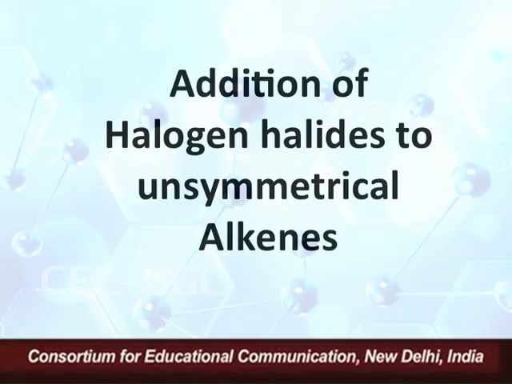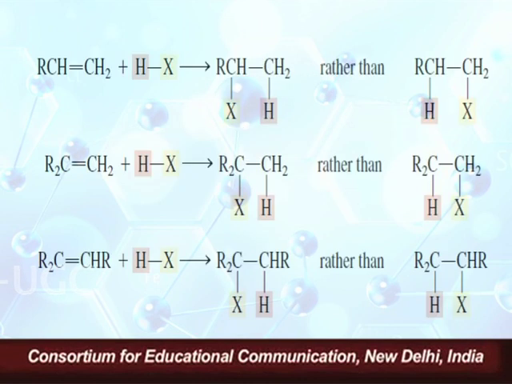Now, if we talk of addition of HBr to unsymmetrical alkenes, then the reaction is a little different. What is an unsymmetrical alkene? An unsymmetrical alkene is the one in which the two carbon atoms containing the double bond are attached to different groups.